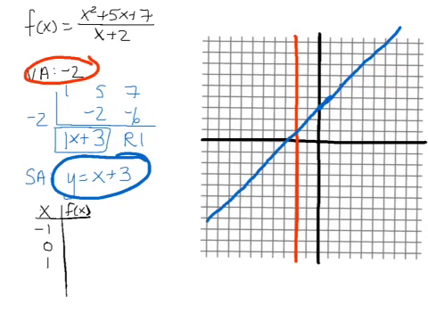Then we pick things less than -2, and we'll get the other side. So if we put in -1, we get 1 minus 5, which is -4, plus 7, which is 3, over -1 plus 2, which is 1, so that's equal to 3.